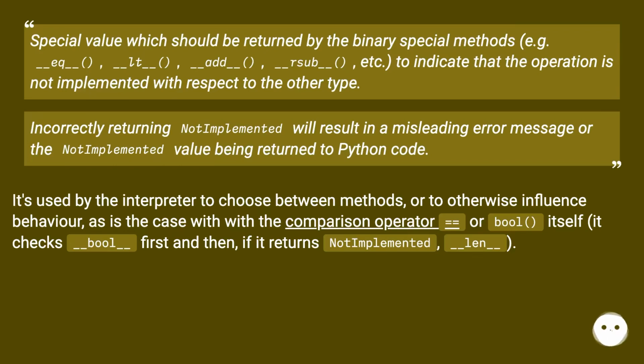Incorrectly returning NotImplemented will result in a misleading error message or the NotImplemented value being returned to Python code. It's used by the interpreter to choose between methods, or to otherwise influence behavior, as is the case with the comparison operator == or bool itself. It checks __bool__ first and then, if it returns NotImplemented, __len__.